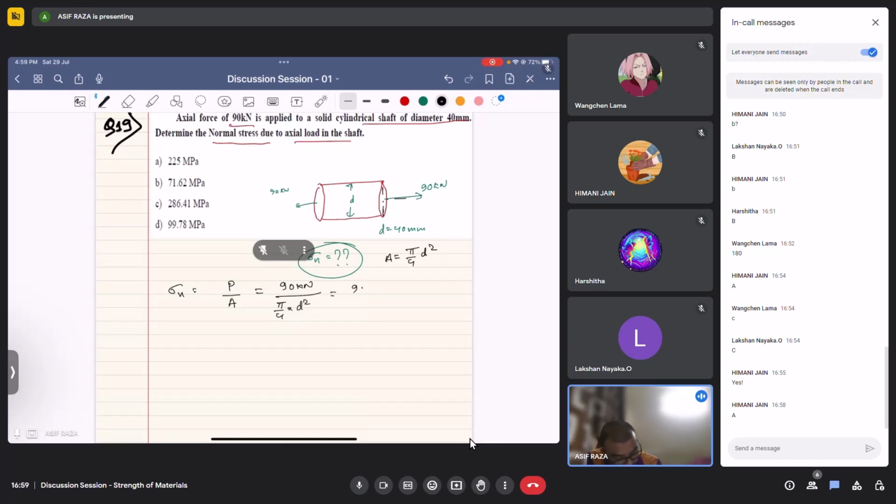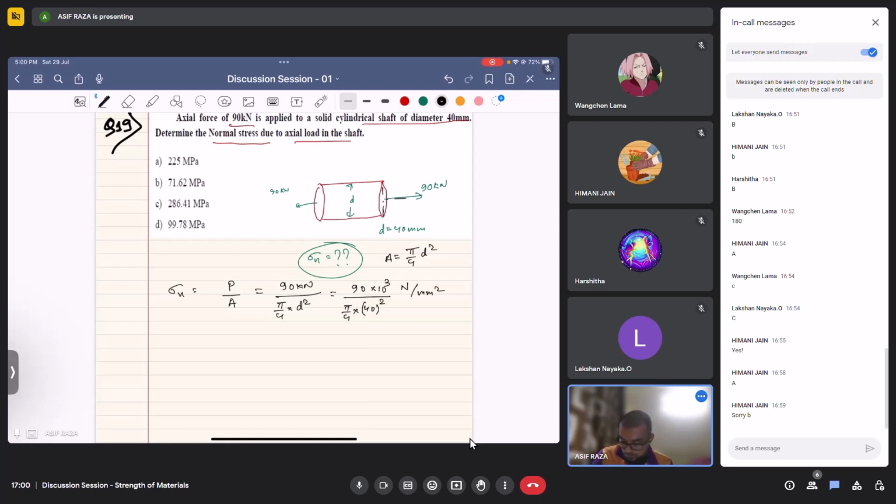I can convert the force into 10 to the power 3 Newton, and d is 40 mm, so this is Newton per mm square.